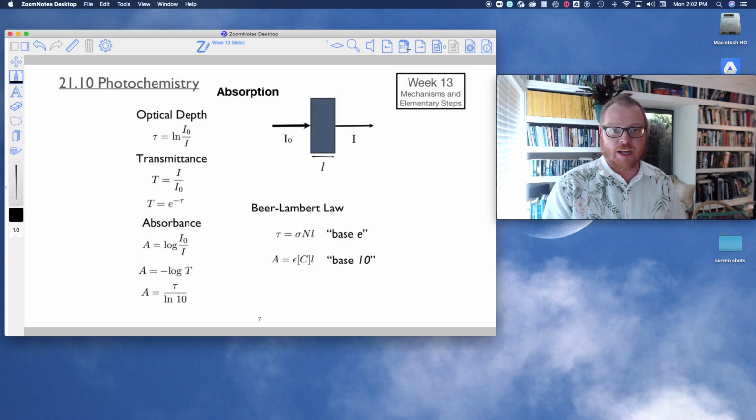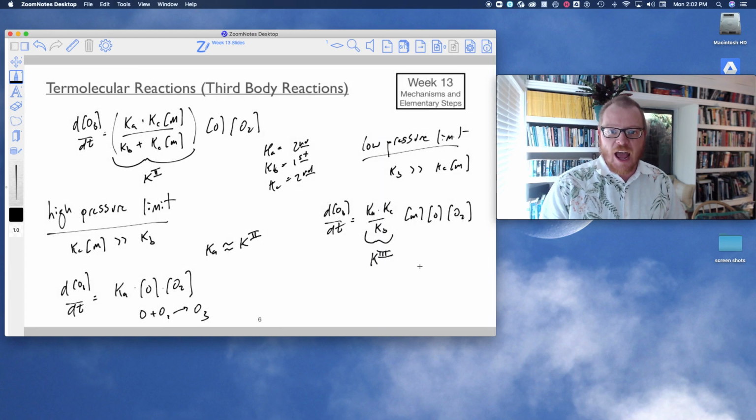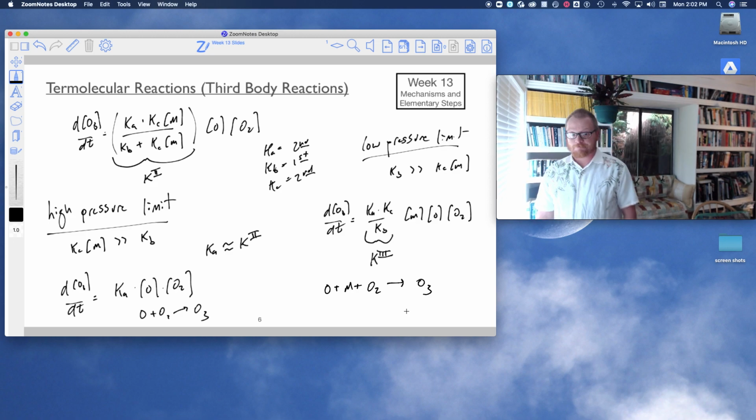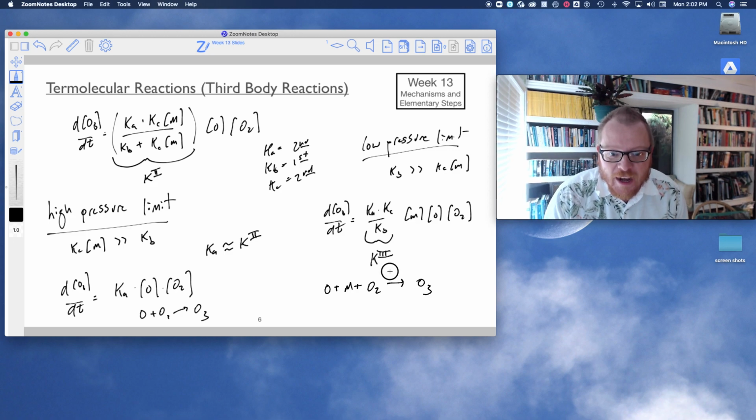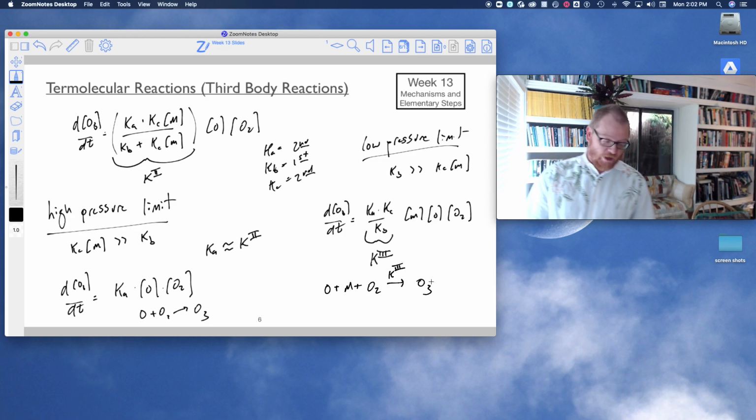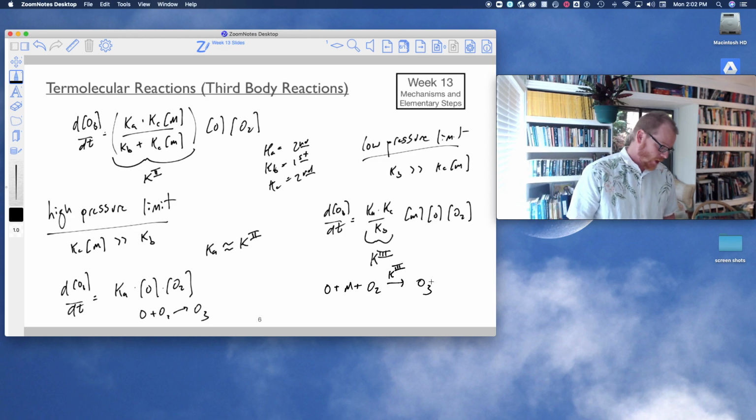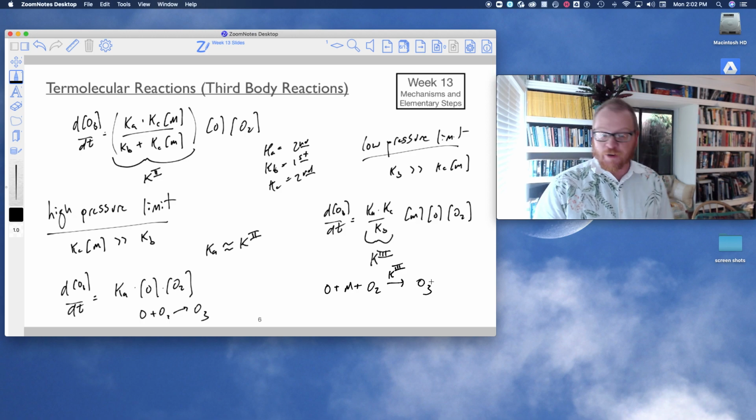So I'll write that reaction down again. So now under the low pressure limit, this just looks like O plus M plus O2 goes to O3 at rate constant K Roman numeral 3. Okay? So that is very cool. So we can see how these conditions manifest on specific reactions.